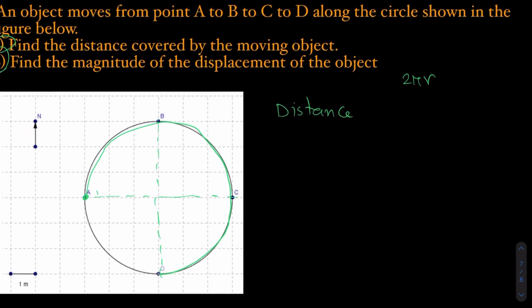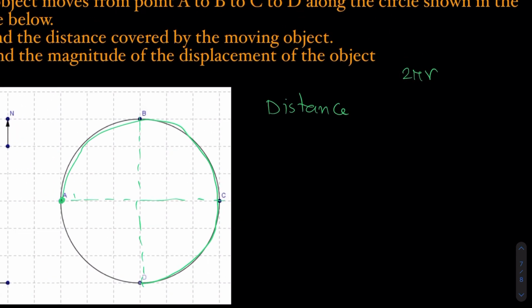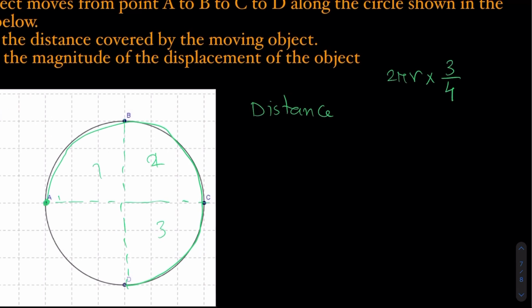Therefore, I can say this is one included, 2 portions included, and the third portion also is included. Therefore, 2 pi r times 3 over 4, which will give me the circumference of this, or the distance that this object has traveled.